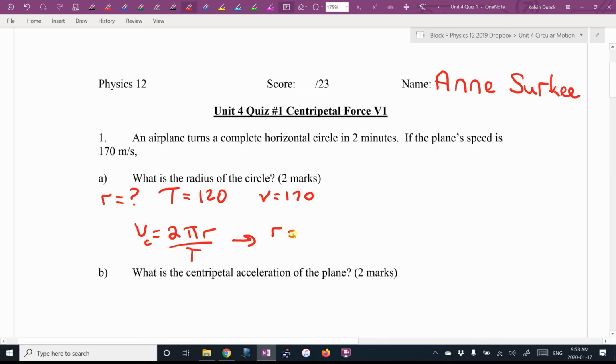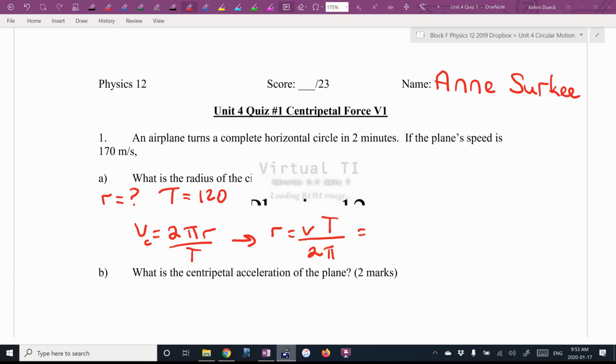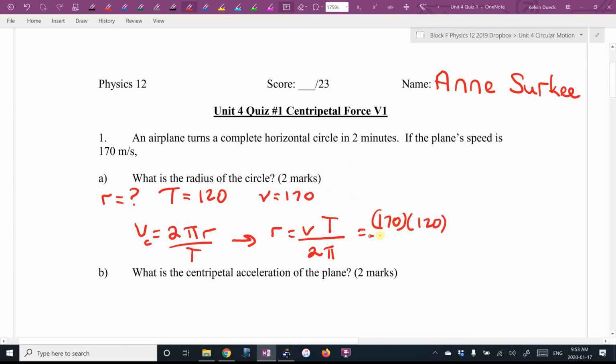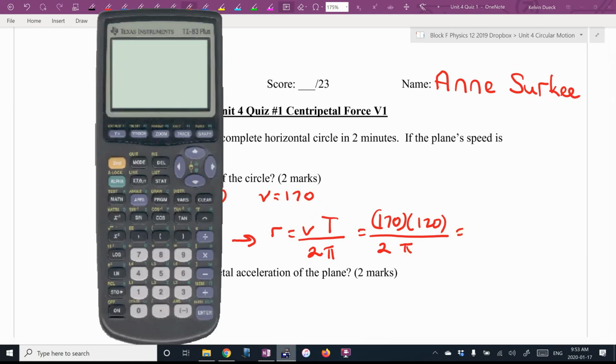I guess r is going to be the speed times the period divided by 2 pi. It's going to be the speed times 120 divided by 2 pi. I have no idea what the answer is.